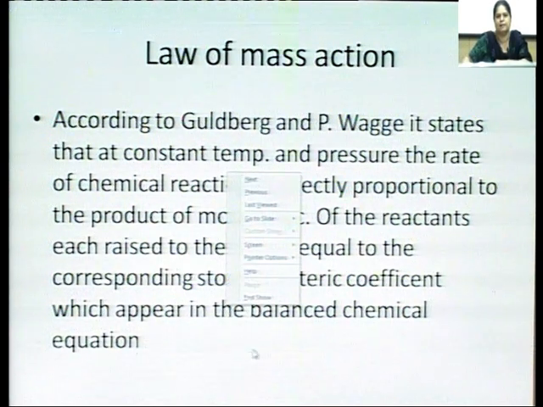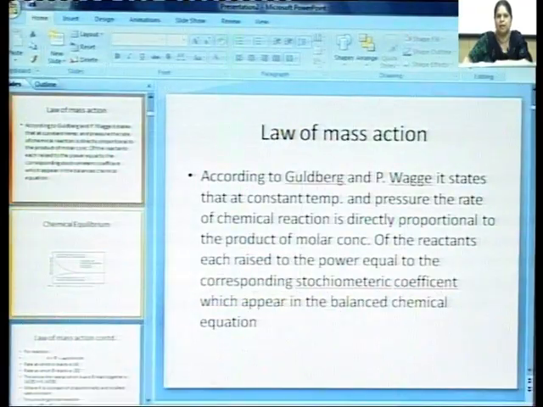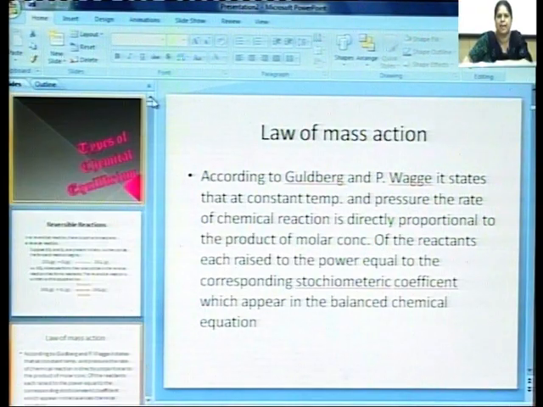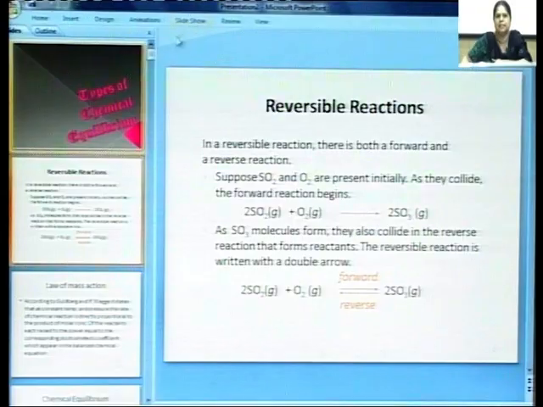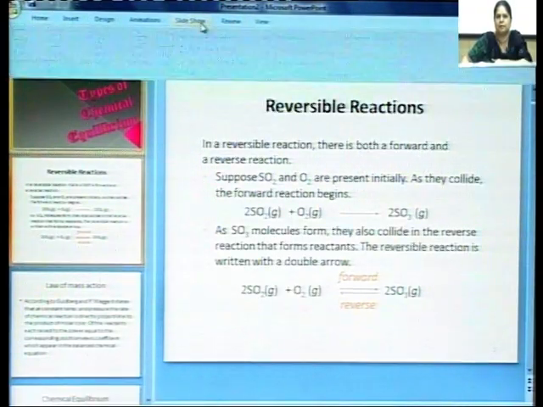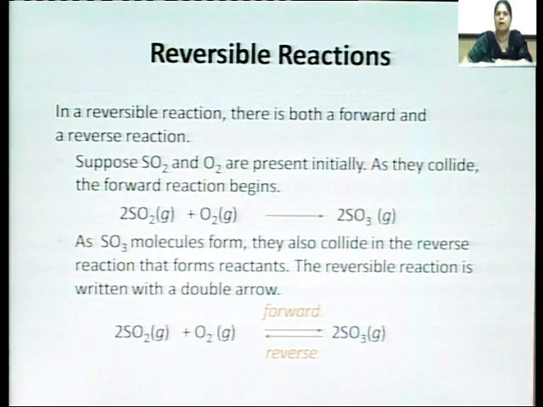Now, reversible reaction. We come across a large number of reactions in which there is both a forward and a backward reaction taking place at the same moment.